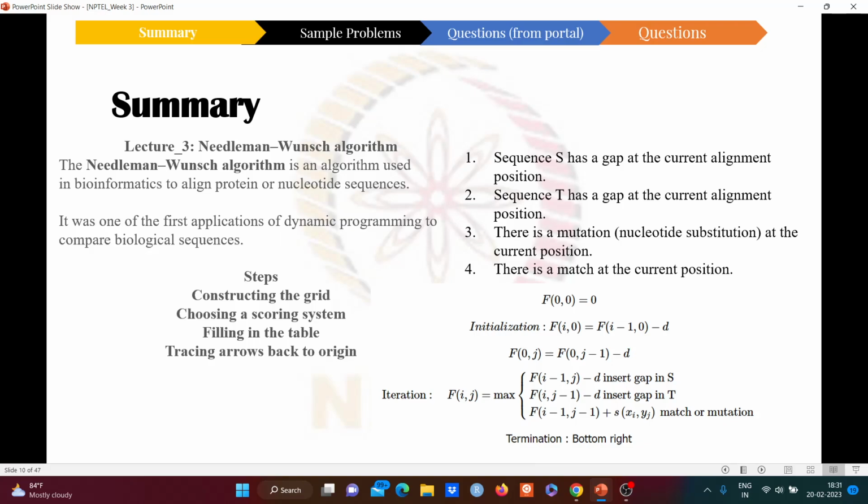So when we consider a cell in the matrix, its value is calculated in three ways: from the up cell, the cell above it, from the cell towards its left, and from the diagonal. And finally is the traceback. Once we fill the complete matrix, the optimal alignment can be found by tracing back through the matrix from the bottom right corner to the top left corner.